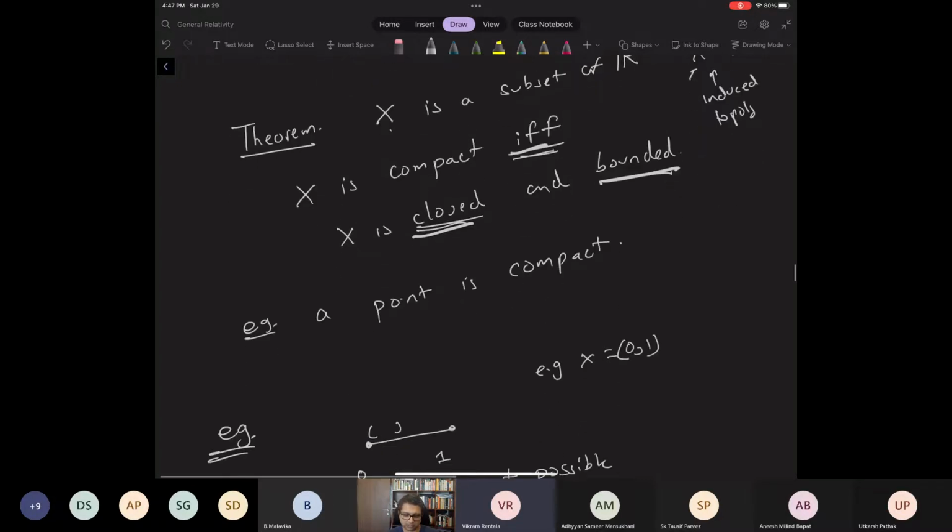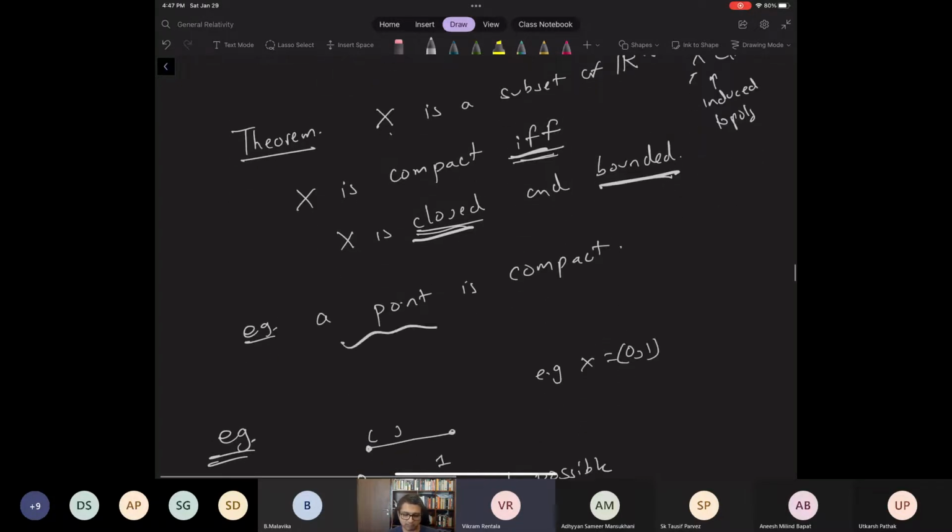So let's see some examples. For example, if you take just a single point in Rn or in R, let's say the point 0, this point is compact. You have to see what the topology is.